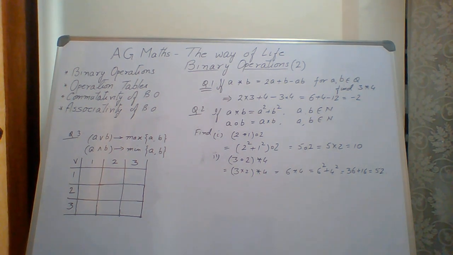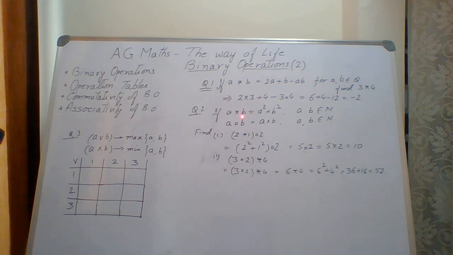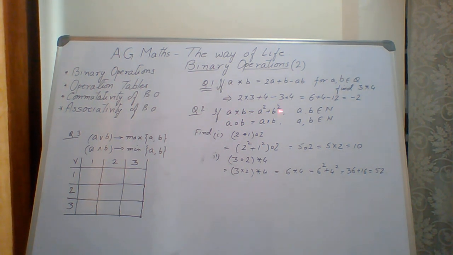So 3 into 2 result is 6, binary 4. Now 6 binary 4 has to be used like this. That is A binary, that is asterisk, B, relationship A square plus B square. The same thing we will use here. So this is A, this is B, 6 is becoming A square, 4 is the B square, and we get the result as 52.